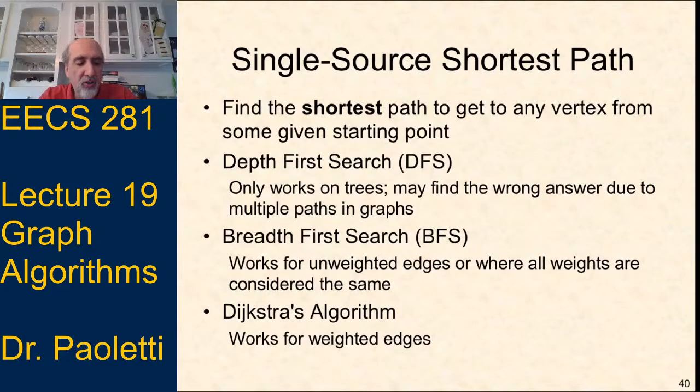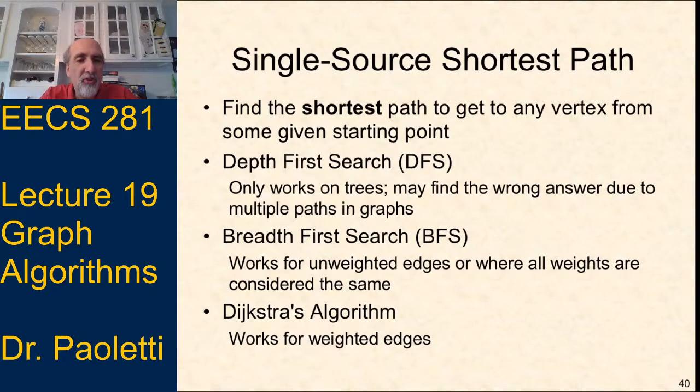So this one is called single source shortest path. So I want to find the shortest path from any vertex to some other given starting point. Now we could do a depth first search. Now a depth first search generally stops when it finds a path, period.